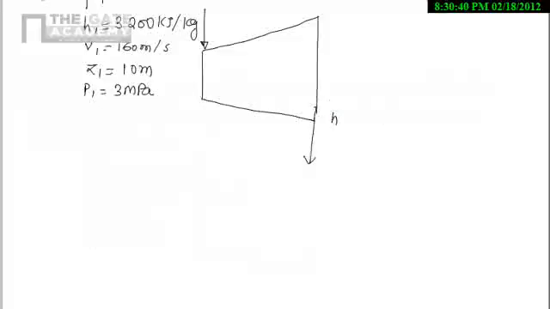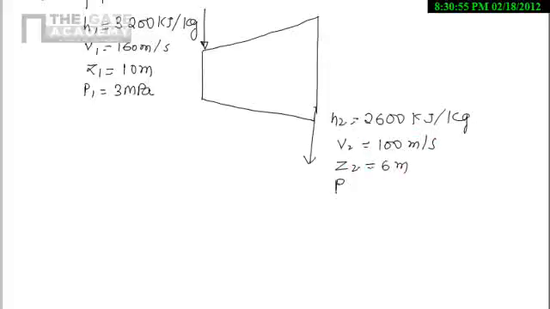Outlet we are having enthalpy 2600 kilojoule per kg, V2 equals 100 meter per second, Z2 equals 6 meter and P2 equals 70 kilopascal.